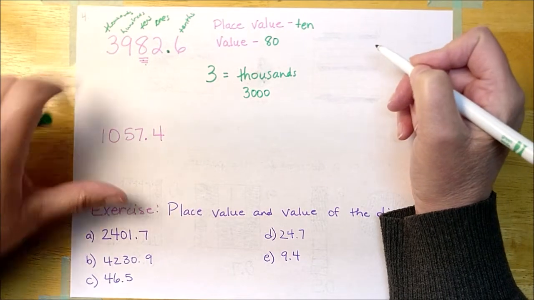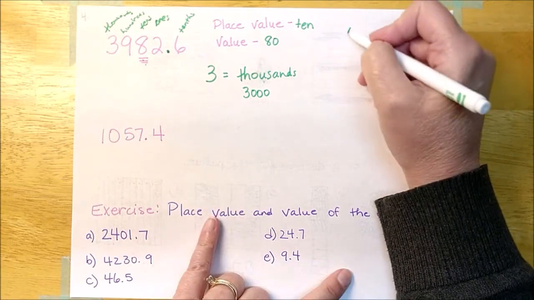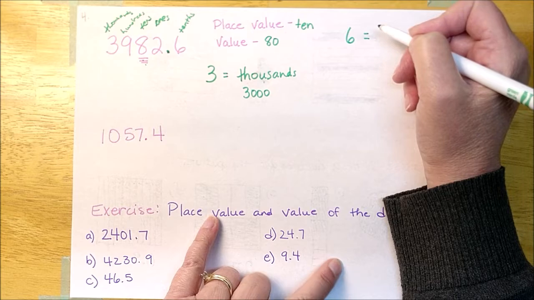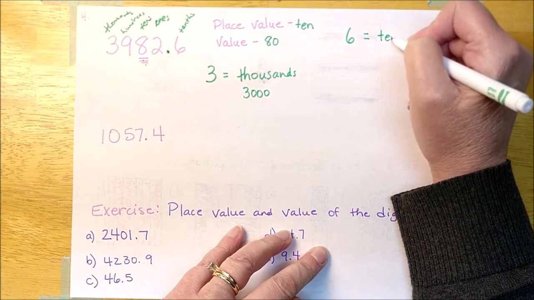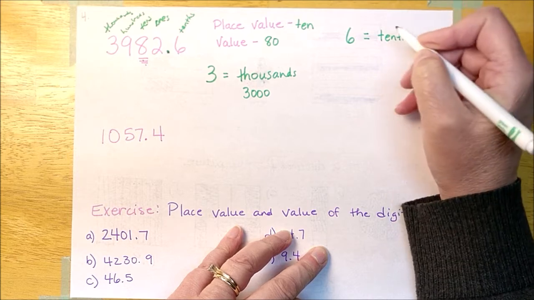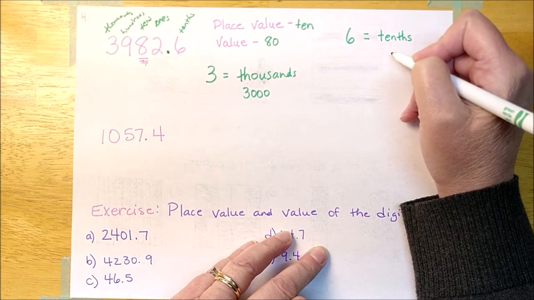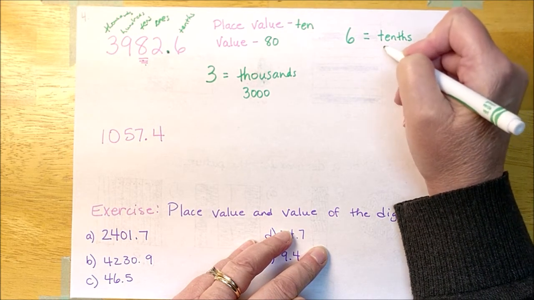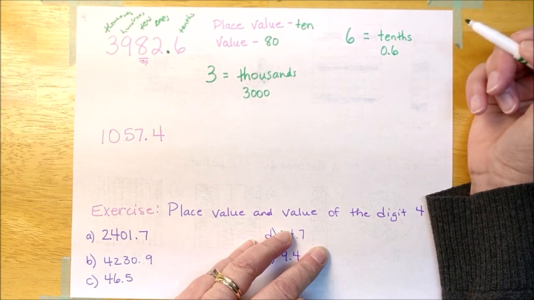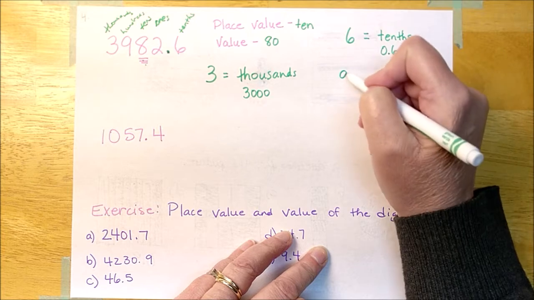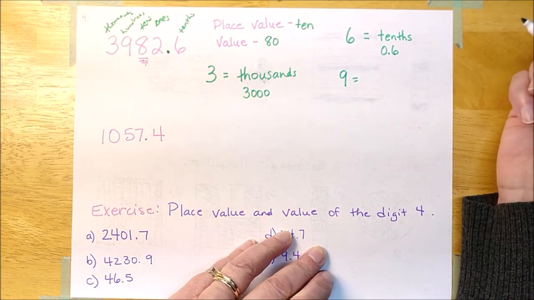3,000. So if I was to ask you the 6, which place value is the 6 in? And you would say the tenths. And if I was to figure out how much is that, what's the value of my 6, I would have to say it's 6 tenths. Let's try the 9. Where is the 9?